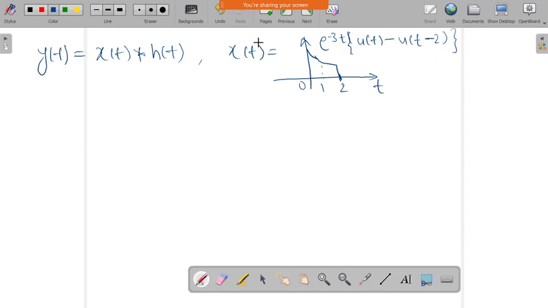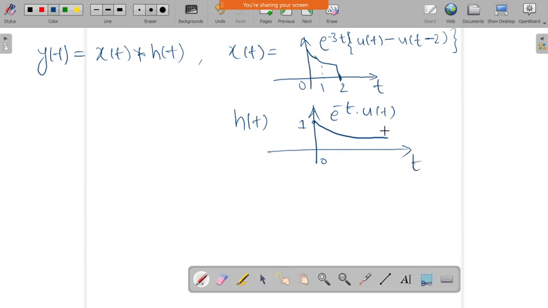So this is the x of t signal, and h of t is nothing but e power minus t into u of t. So this is your h of t. Now this is x of t and this is h of t.